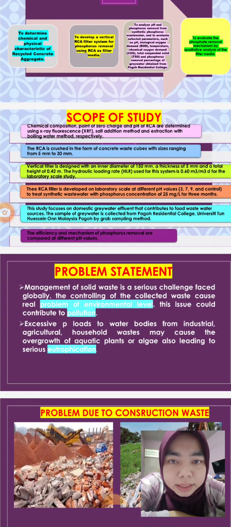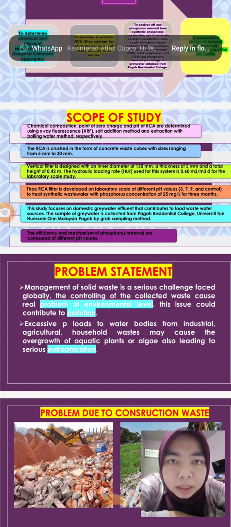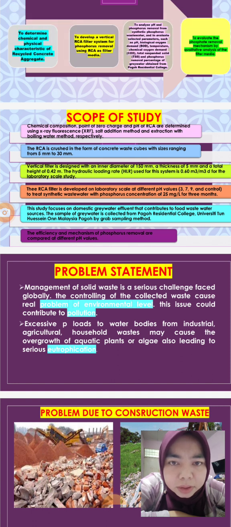Next, scope of study. Chemical composition, point of zero charge and pH of RCA are determined using XRF, salt addition method, and extraction with boiling water method respectively. The RCA is crushed in form of concrete waste cube with size ranging from 5mm to 30mm.